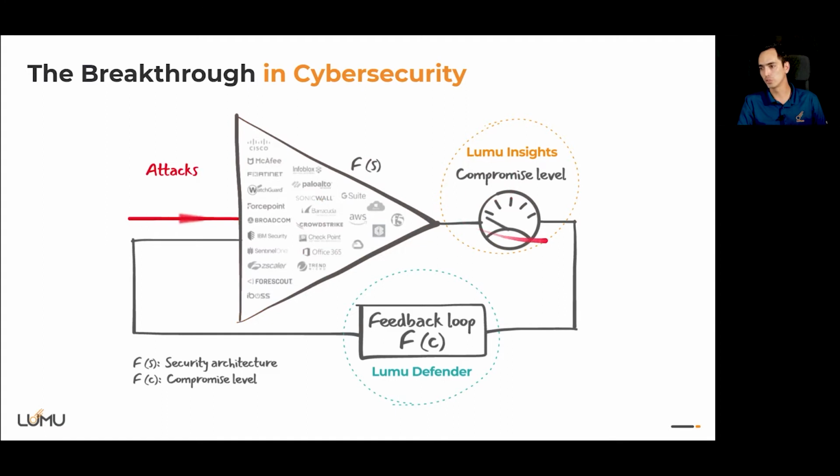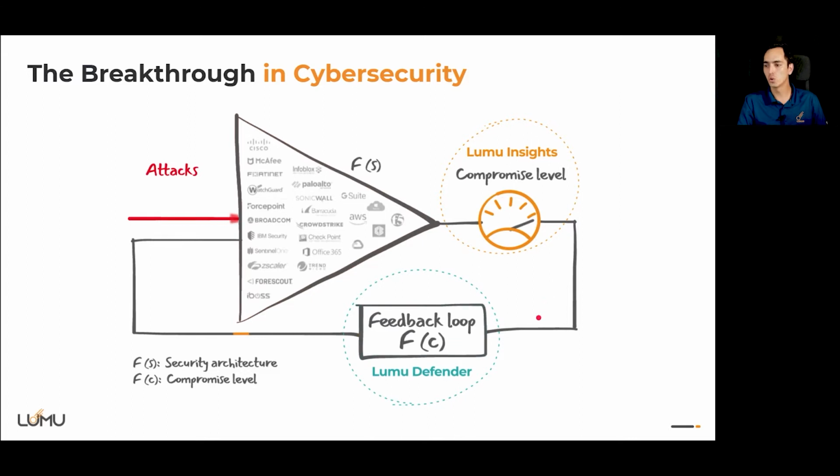So LUMU is going to sit here and measure that compromise level from those systems. We're going to monitor which devices are the ones originating those contacts, which is going to give us the compromise level.